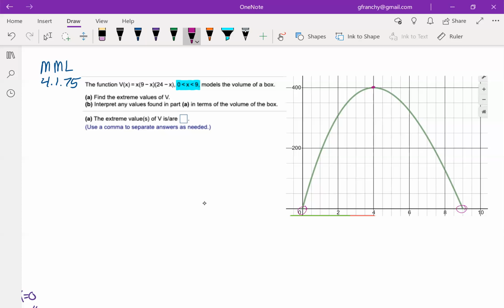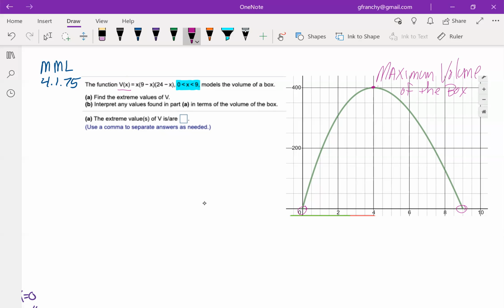And I will spoiler alert it. We're graphing volume. We have a maximum when we find it. This is going to represent the maximum volume of the box. So I hope I didn't ruin the question for anyone.